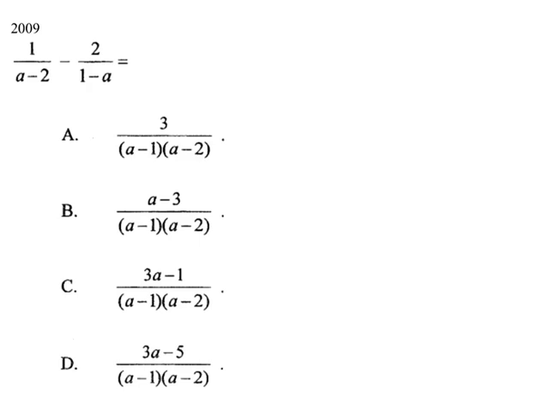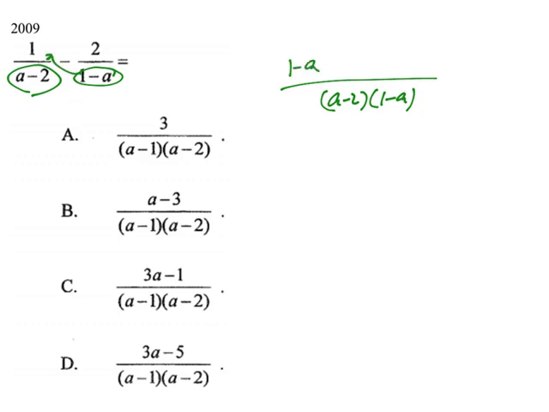Okay, let's check it. For this question, you can see the denominator, they are different. So multiply, so a minus 2, 1 minus a, and then do the cross. This one times this one, 1 minus a, and next a minus 2 times negative 2, so it becomes negative 2 bracket a minus 2.